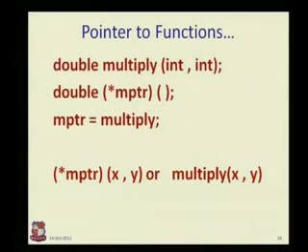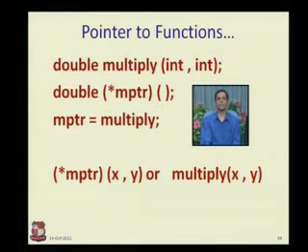So let's see what is the use of this pointer to function with the brackets. Say if I define a function multiply giving two values int and int, meaning I need to multiply two numbers, and that will be returning a double value as written here. So I declare in the second line double bracket star mptr bracket.